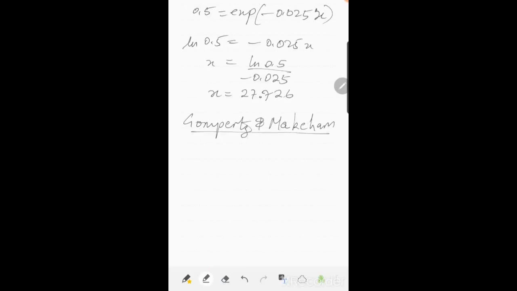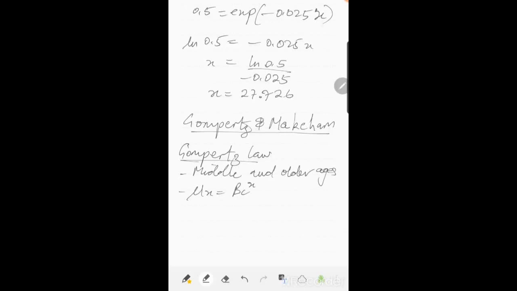So we look at the definition of Gompertz. Gompertz law is just an exponential and is reasonable for middle and old ages. The condition for this one is just middle and old ages. So Gompertz law is mu x is equal to Bc to the power x. This is just an exponential.